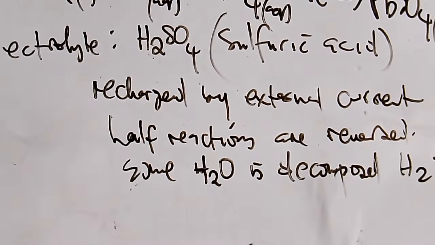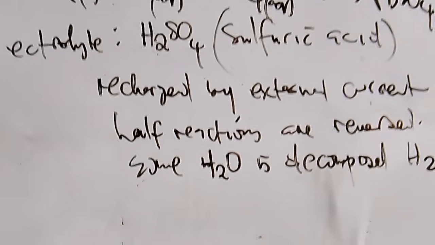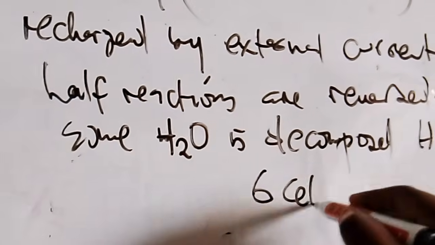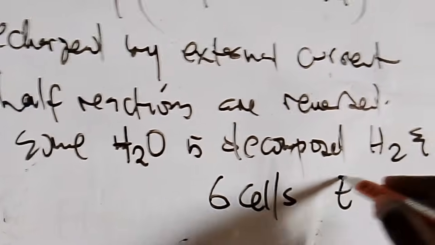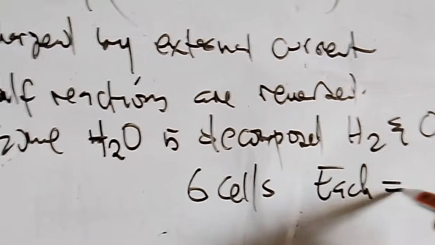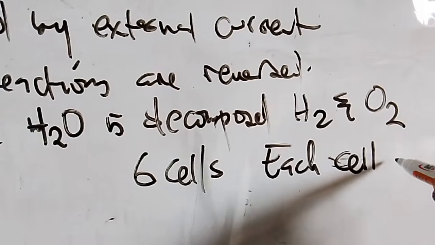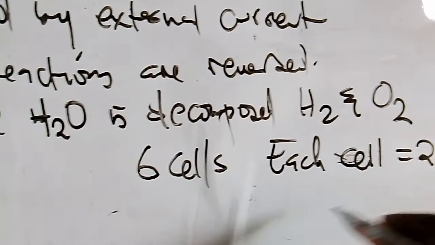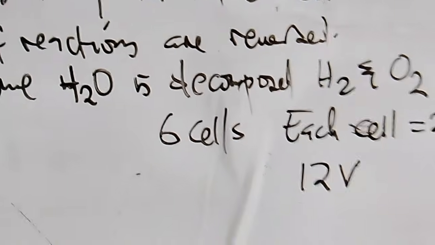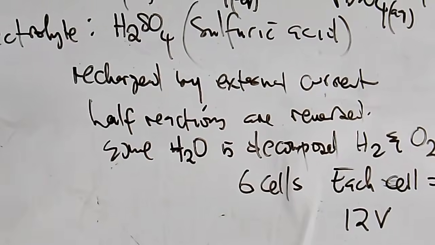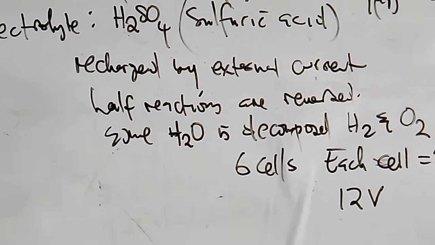We have already mentioned that this battery has 6 cells, and each cell produces 2 volts, and in total the battery gives 12 volts.